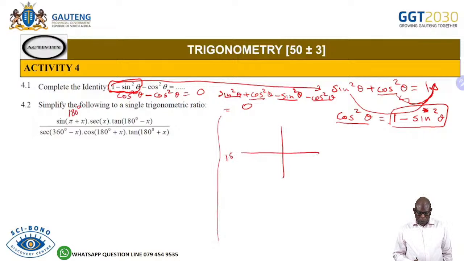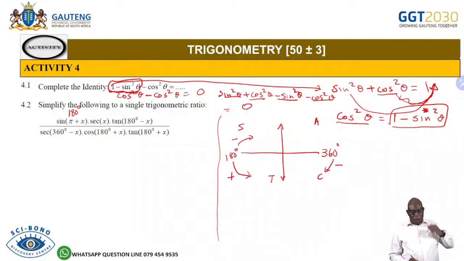You put your 180, you put your 360. That's all that you do. You put T, C, A, S. So I've put 360 here, and then I'll say minus, that I'll say plus, that I'll say minus. So already I've got my answers.